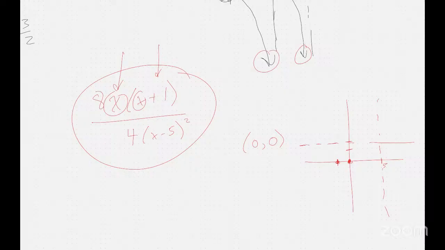So when there's an x in the numerator, the y-intercept will be 0, 0, but when it's in the denominator, there will be none. Well, there could also be a hole there. If you had an x in the top and the bottom, then it's a hole, which means you don't have an intercept, but it's a hole.